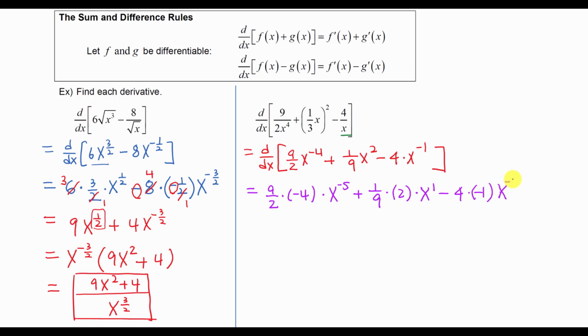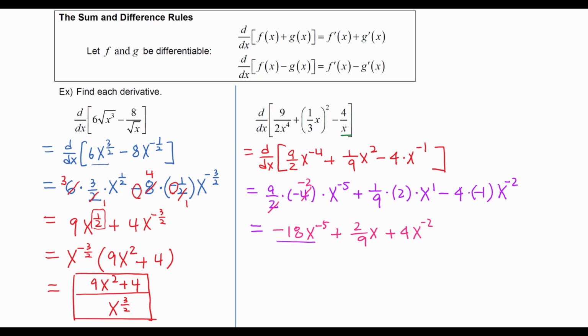I get x to the negative 2nd power. So now I clean it up. 2 goes there once, 2 goes there negative twice. 9 times negative 2 is negative 18. X to the negative 5th power plus 1 over 9 times 2 is 2 over 9 x. Negative 4 times negative 1 is positive 4 x to the negative 2nd power.